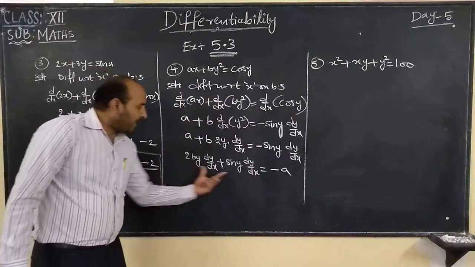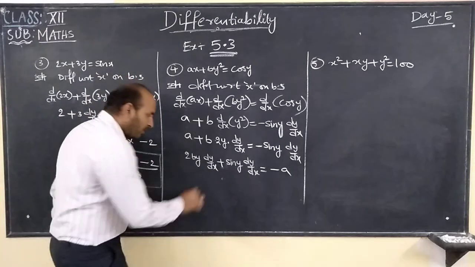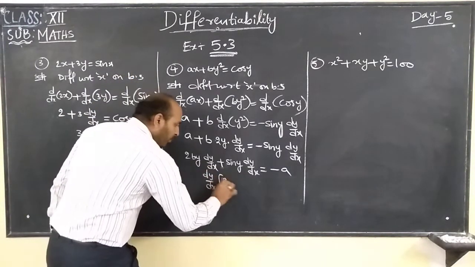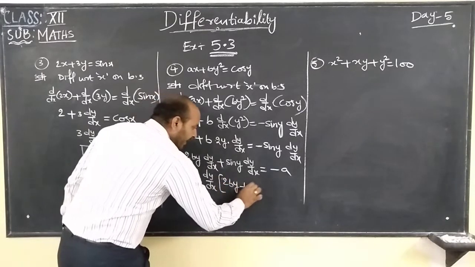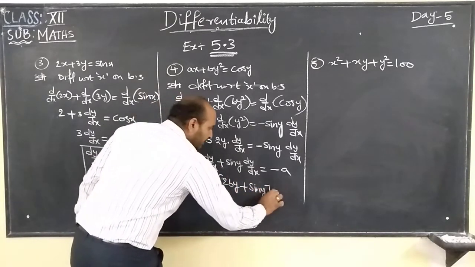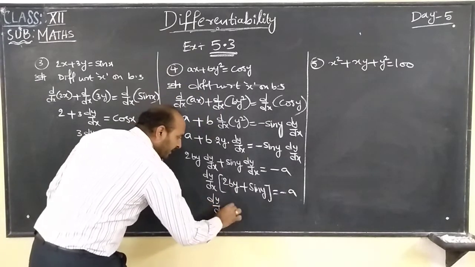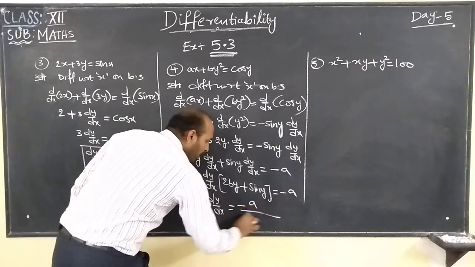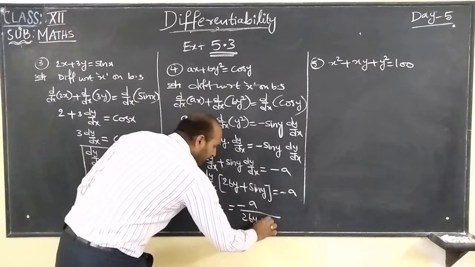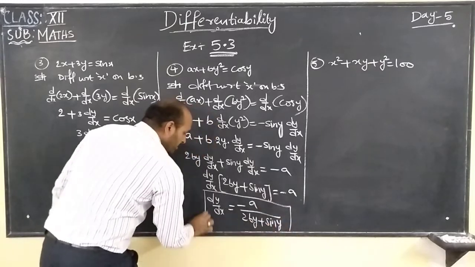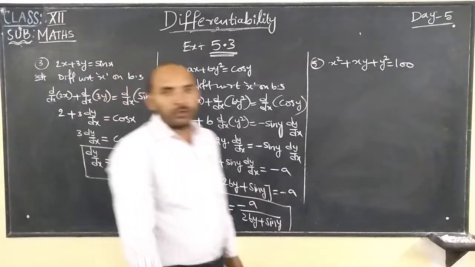Now these are two terms, take dy by dx common. So 2by plus sin y is equal to minus a. So dy by dx is equal to minus a upon 2by plus sin y. This is the solution for the fourth one.